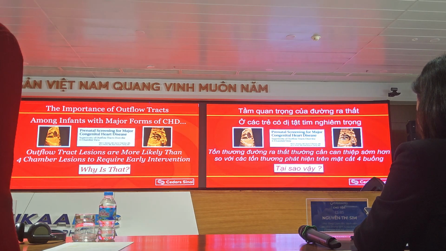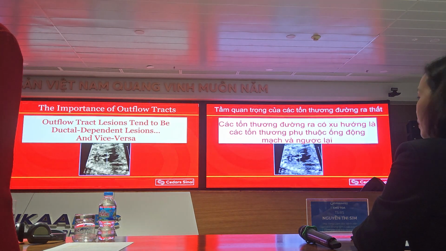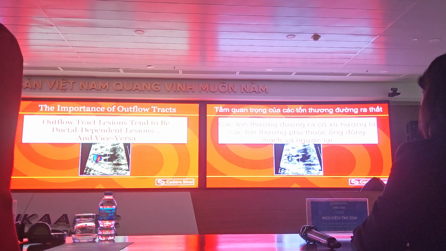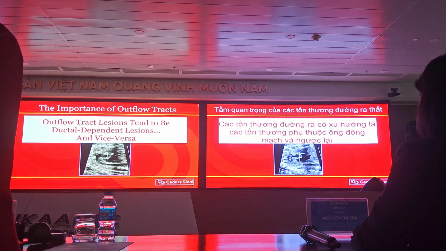The answer is fairly simple. Outflow tract abnormalities tend to be ductal-dependent lesions, and vice versa. Ductal-dependent lesions tend to be outflow tract abnormalities. So it's very important to pick up outflow tract abnormalities so that those babies can be delivered at the right place, because those are the babies who will require early intervention.